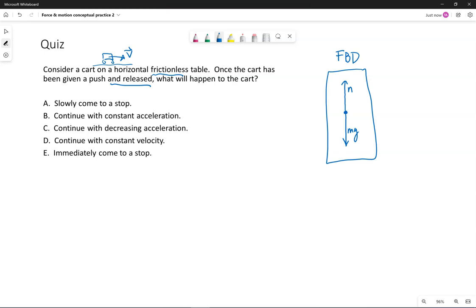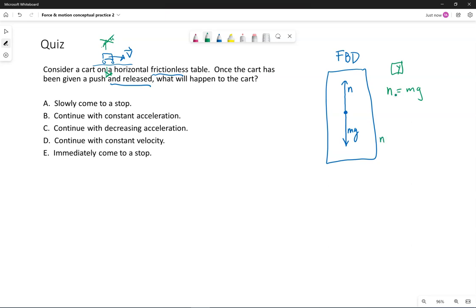So this cart would have to be like a rocket ship and start taking off upwards or downwards. It could sink, in theory. But of course, we know that's not happening. It just continues moving horizontally. That tells me that the normal force needs to balance out mg in the y direction, because there's no acceleration in the y direction.